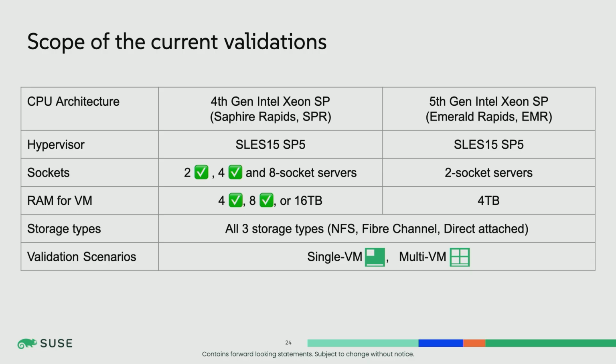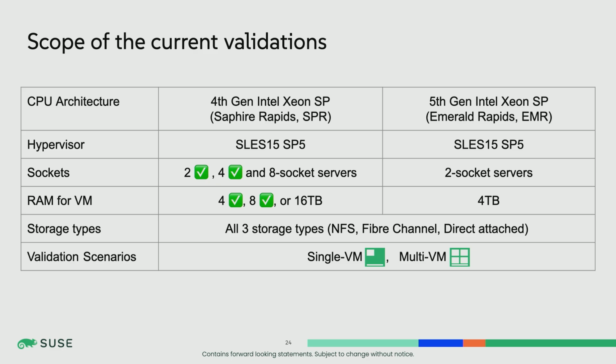What I just said in a different form, but let me go on to the storage types a little bit. In addition to the different scenarios, the different socket amounts, and the different memory sizes, we are looking at validating all 3 storage types.